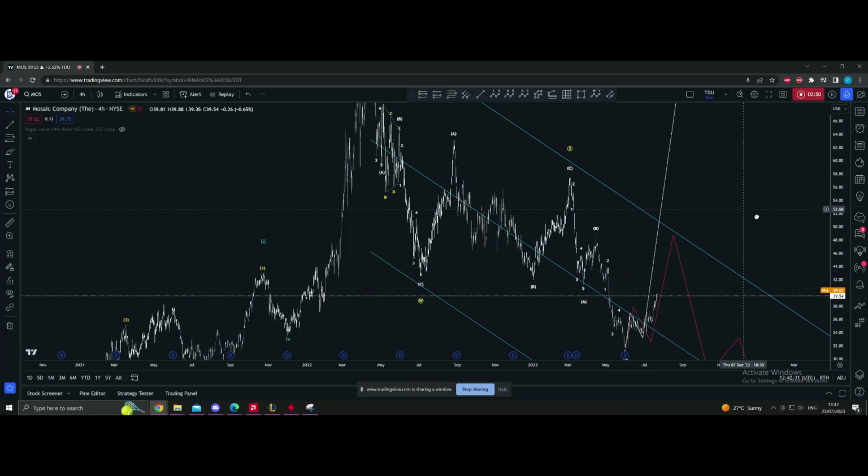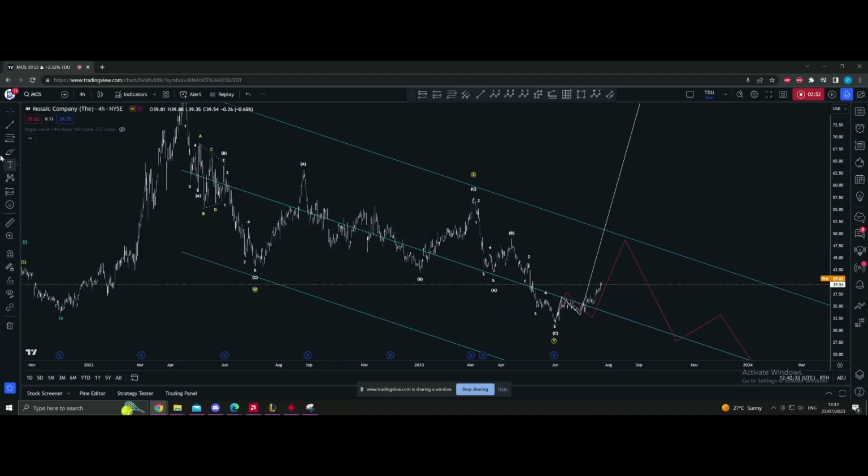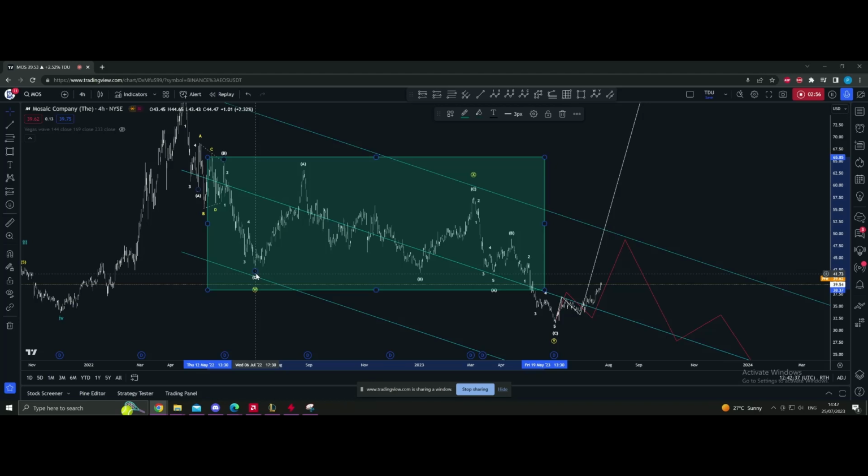And what's this structure here? For example, you take a look at it and then you say this is not a triangle, because if you want to put a triangle here, you could force one, the barrier one, and then your wave D would overpass the wave B if this is A, B, C, D, E. And this is okay when it comes to barrier triangles. Like, let's assume that this is a triangle.